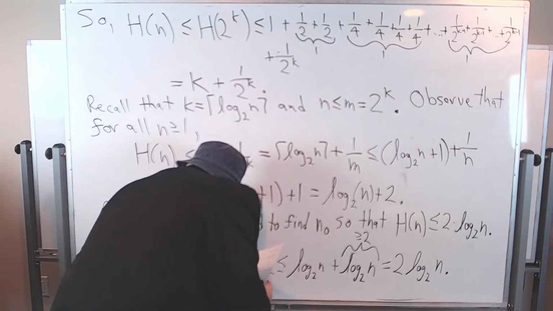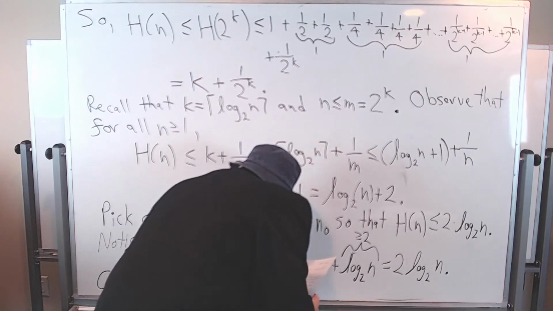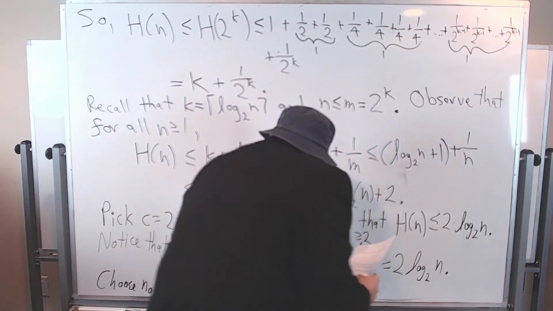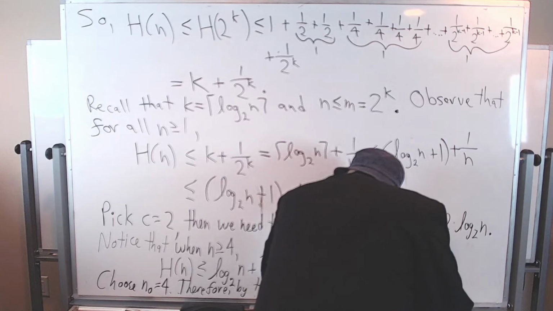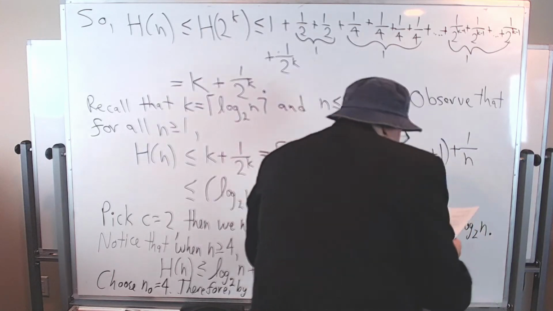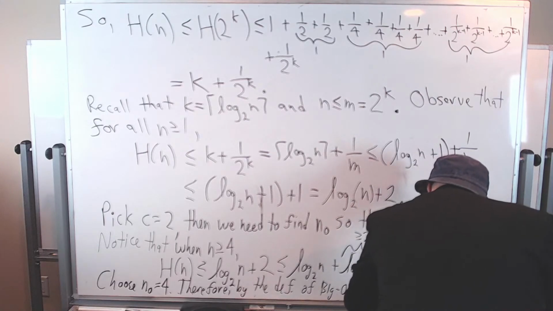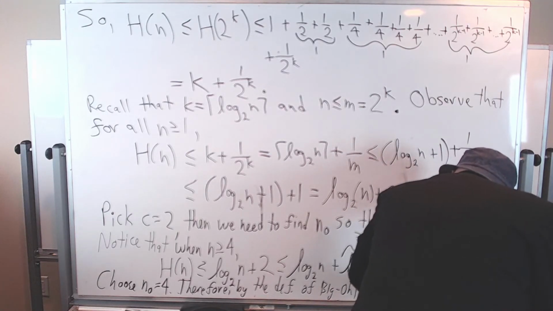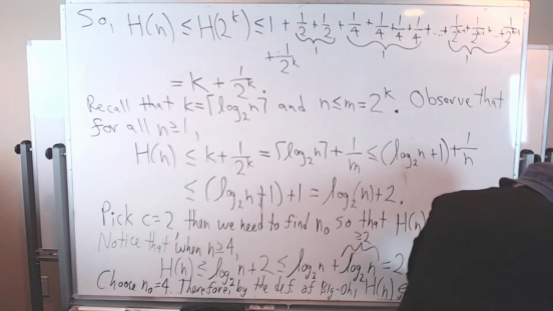Therefore, by the definition of big O, the nth harmonic number is big O of log base 2 of n. And we're done.